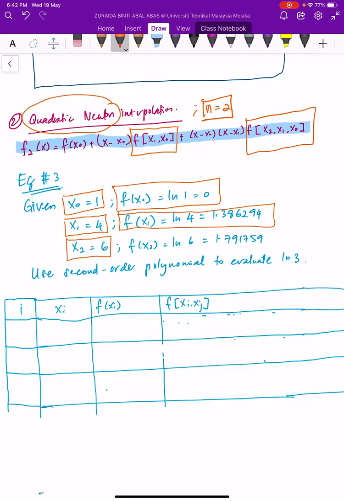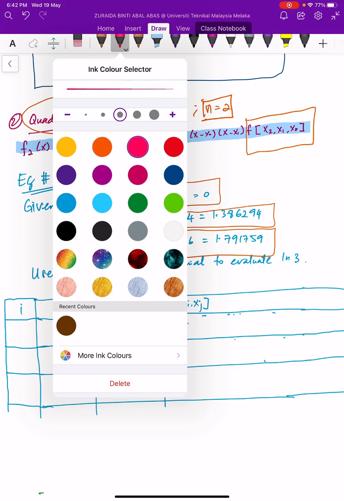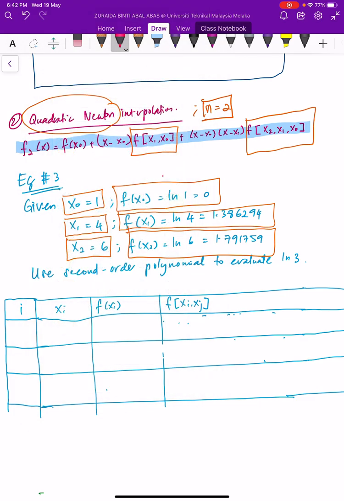Your third point is 6, and the value of the function is 1.791759. The function you're trying to evaluate here is actually ln x.